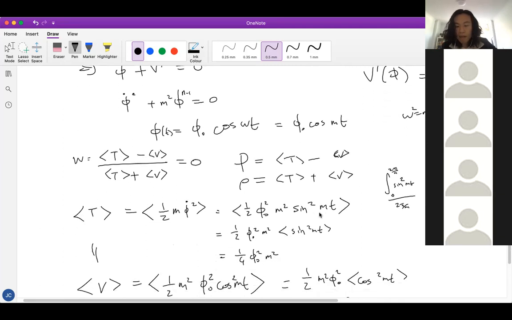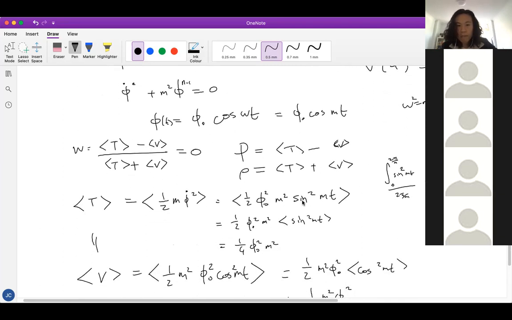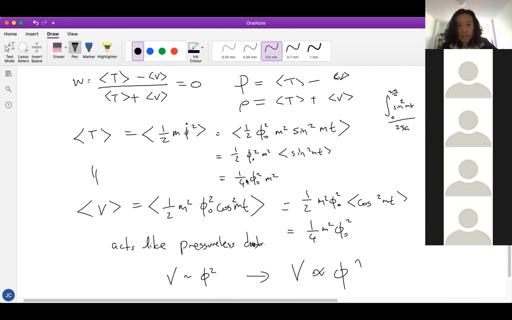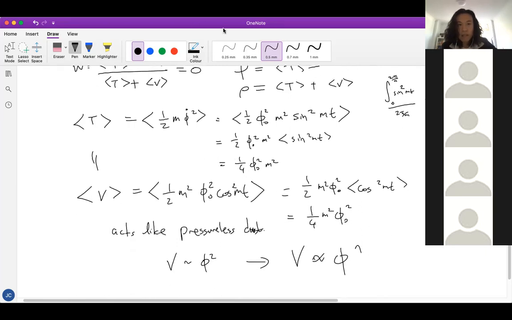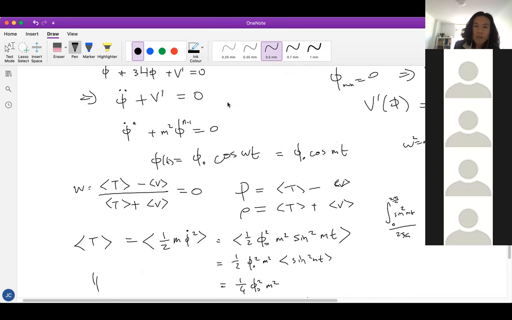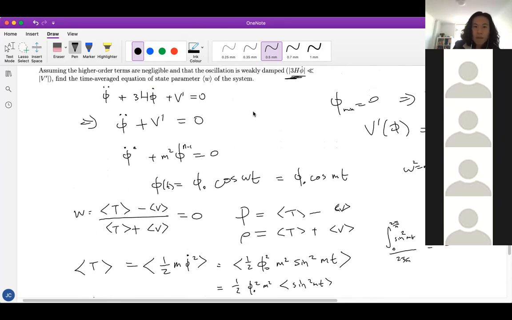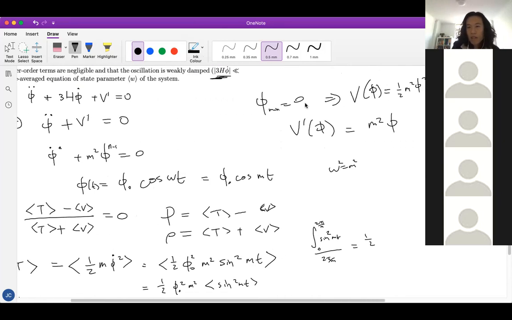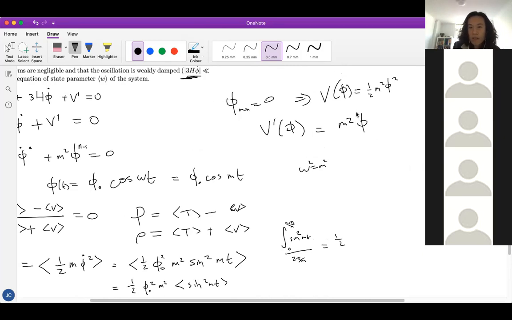When you do the averaging, the phase will drop out, so you end up with the same expression for T and V, I think. Physically, I know it definitely doesn't care what phi min is. Just mathematically, I'm not 100% sure off the top of my head. If phi min is not 0, does it even survive this term? Oh no, so we'll have this phi minus phi min.